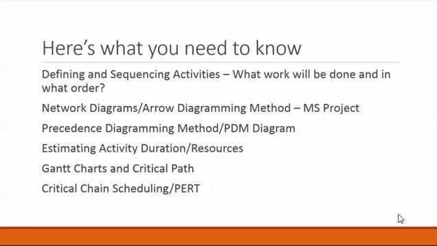This week we're going to need to know about defining and sequencing activities. So what kind of work needs to be done in order to complete our overall scope of work? That's where you have to stop and maybe list, brainstorm, think it through. And as you think it through, for example, you're creating a website. Well, what do you need to do to create a website? Well, you need to determine what the website's going to be about.